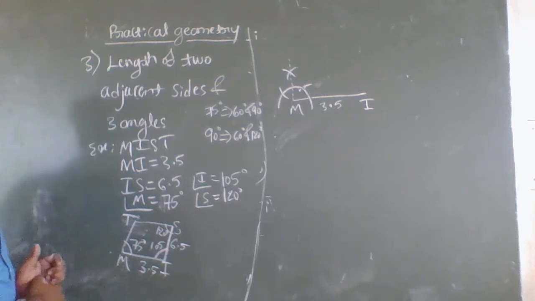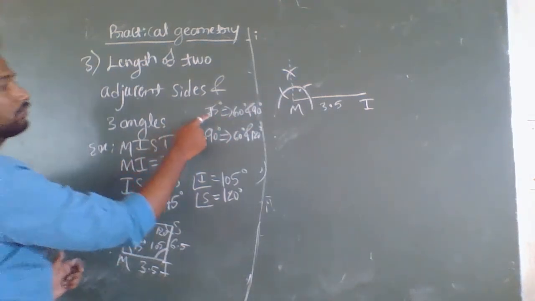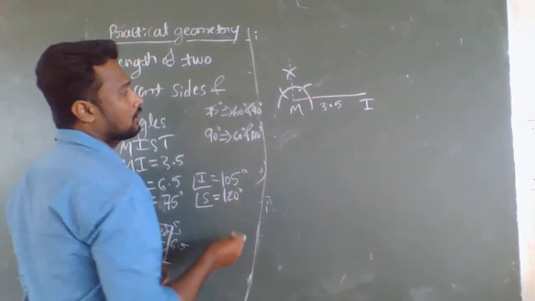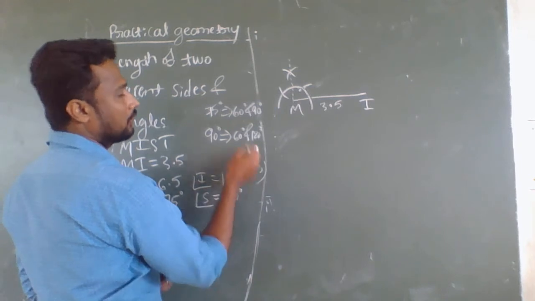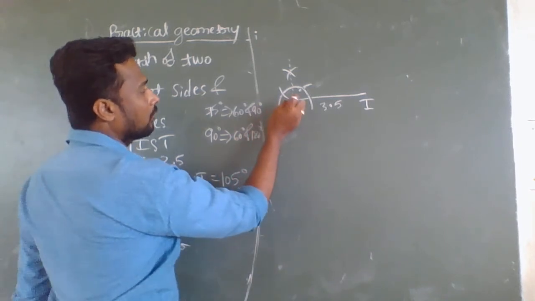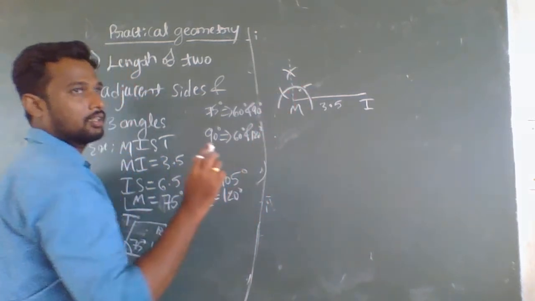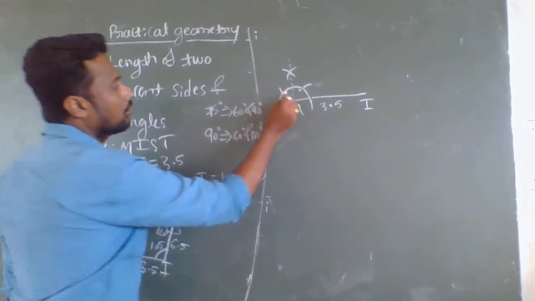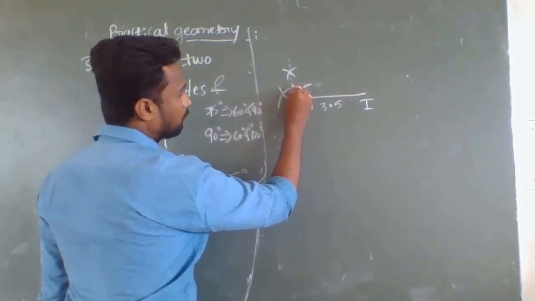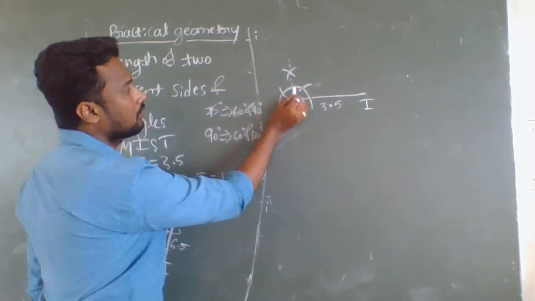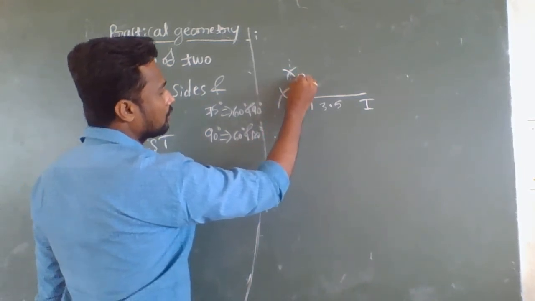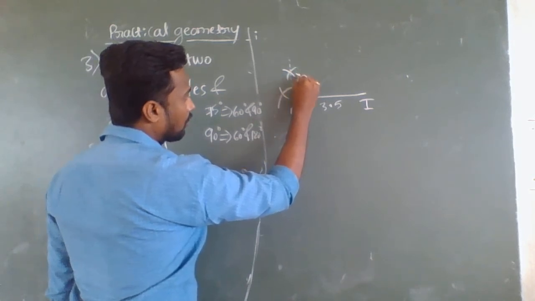Now by using this 90 degrees and 60 degrees, I can construct 75 degrees. So 75 degrees is between this 60 degrees and 90 degrees. To get that 75 degrees, I will keep the compass on the 90 degree intersection point, and with the same distance of the compass, I will draw an arc here.